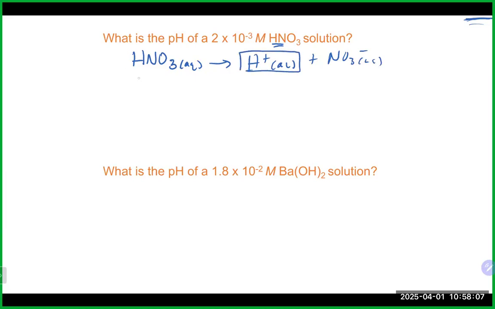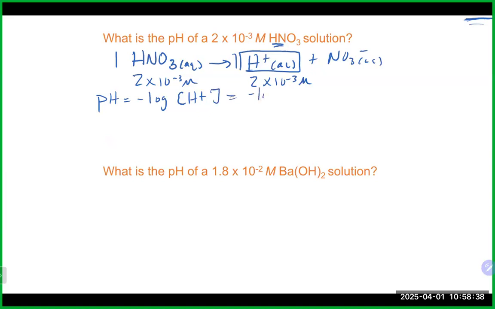Since we do know the concentration of the whole thing here, 2 times 10 to the minus 3, it is again a 1-to-1 relationship like it usually is with most strong acids since they're monoprotic. The concentration of our H plus would be really the same concentration here. And that would mean that's all we need to go into our pH, minus the log of the H plus concentration.